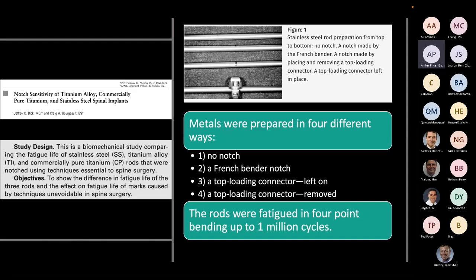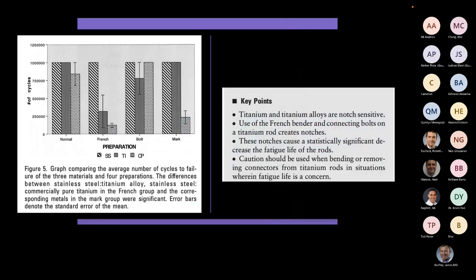And then they exposed the rods to a 4-point bending cycle up to 100 million cycles, and then looked at their fatigue life. And this is the graph that you can see here from load to failure. So SS is the stainless steel, the gray is the titanium alloy, and then the commercially pure titanium is kind of the dots.